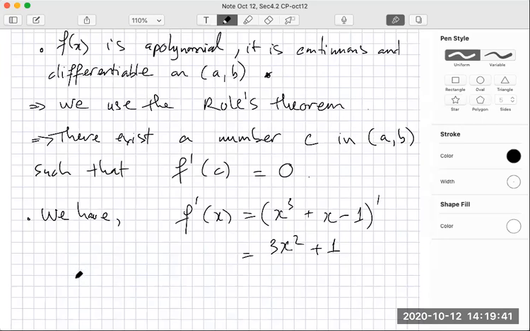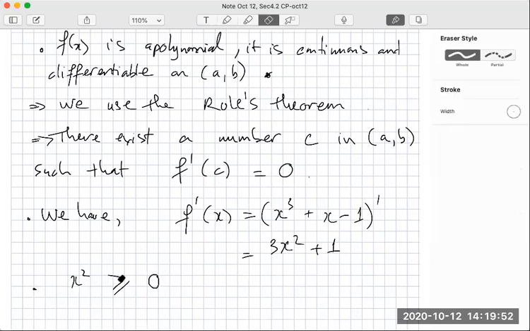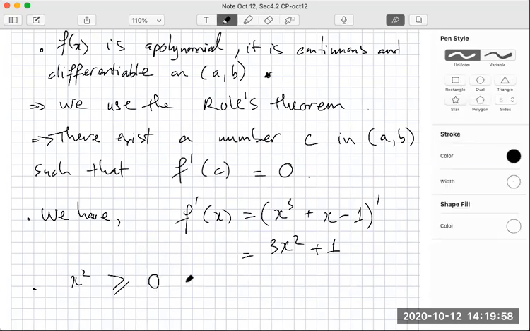So x squared, is it larger or smaller than 0? Any number squared will be larger than or equal to 0, right? Therefore, how about 3x squared?